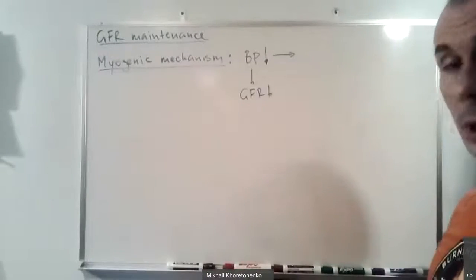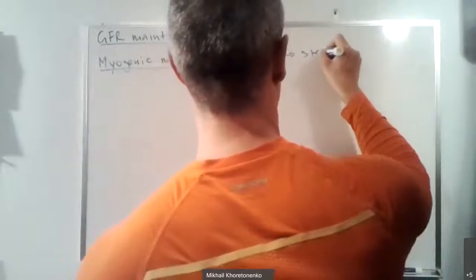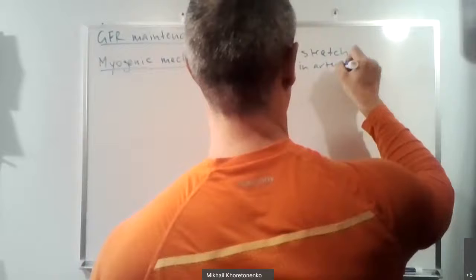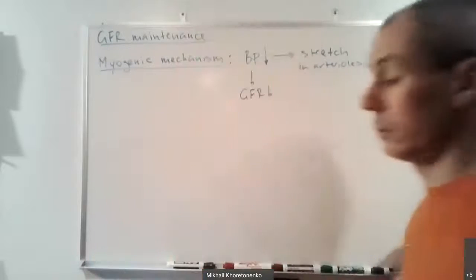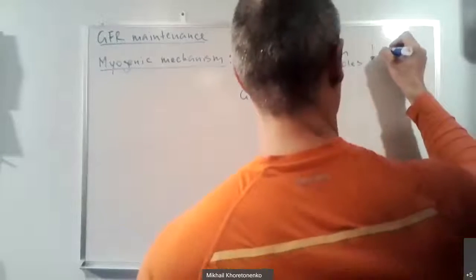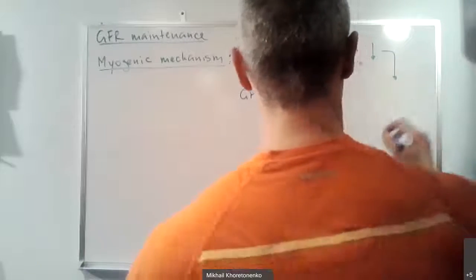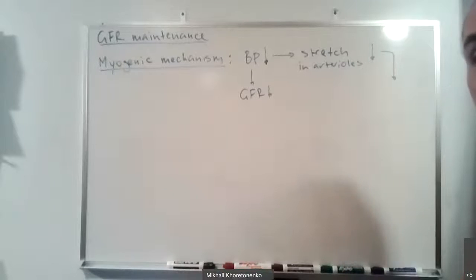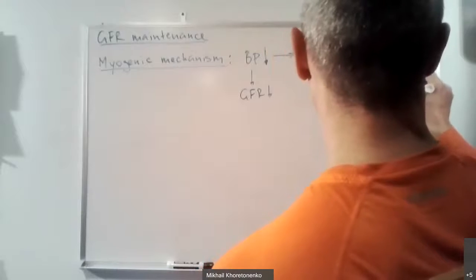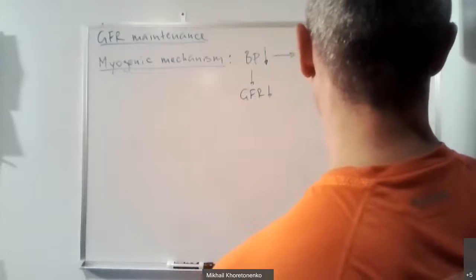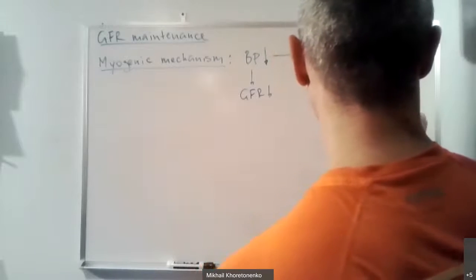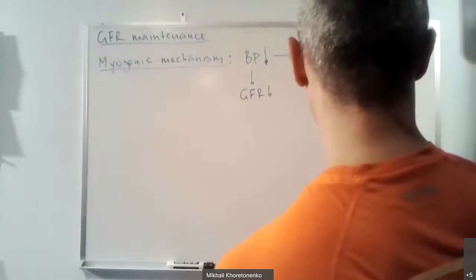So when blood pressure goes down, the stretch in arterioles also goes down. So arterioles aren't as stretched, so mechanical stimulation goes down. Now that stimulates mechanoreceptors, and mechanoreceptors cause a local response. Afferent arterioles dilate, okay? Efferent arterioles constrict.